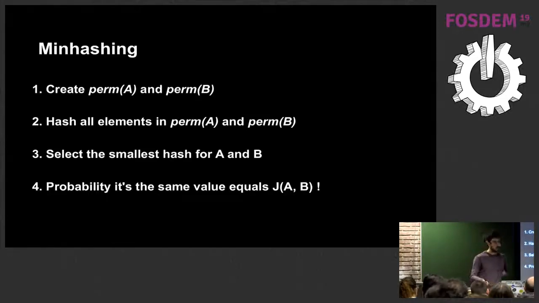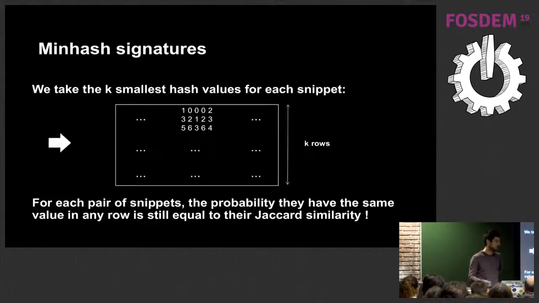Since it's a random permutation, if we pick the second or the third or the nth element, this still is true. So if we take k values, creating what we call a Minhash signature, and concatenate them into a Minhash signature matrix, then for each row the values in two columns will be the same with probability equal to the Jaccard similarity of the files associated to each column.